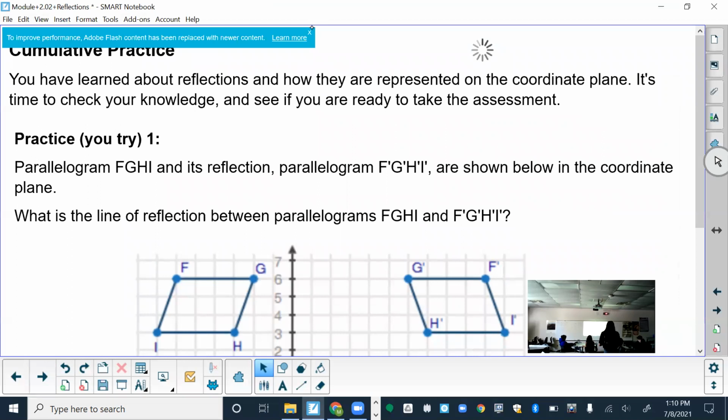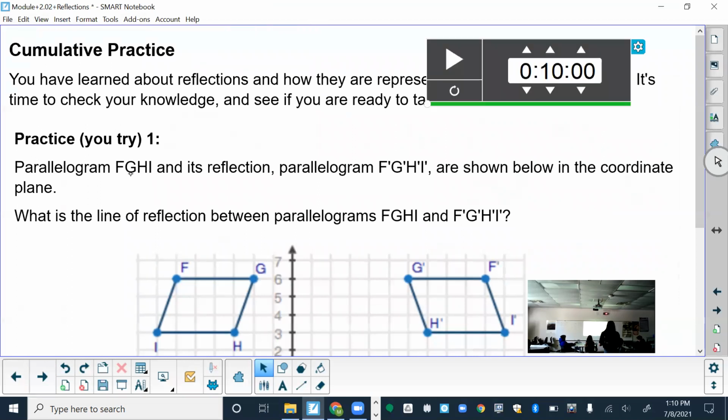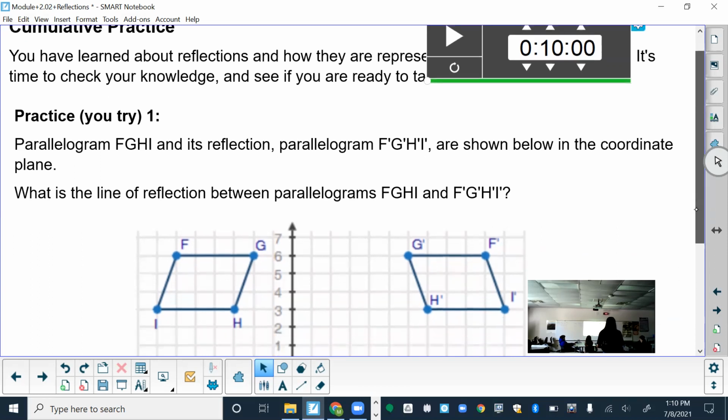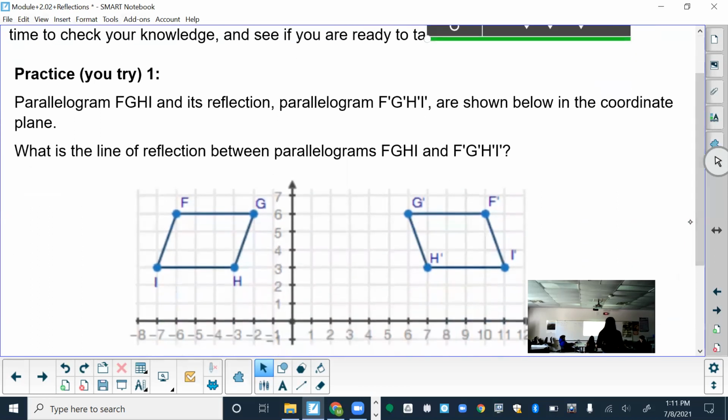All right, so we have parallelogram FGHI and its reflection F prime, G prime, and so on are shown below. What is the line of reflection between the parallelograms? All right, so is this one of the 3 fixed rules? Did it reflect evenly over the x-axis, y-axis, or y equals x?